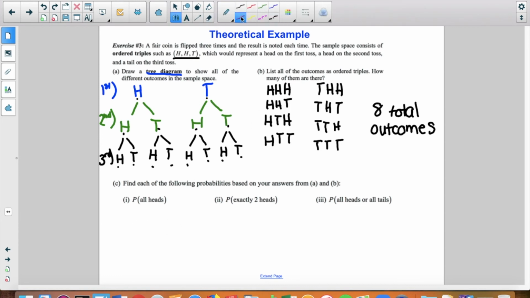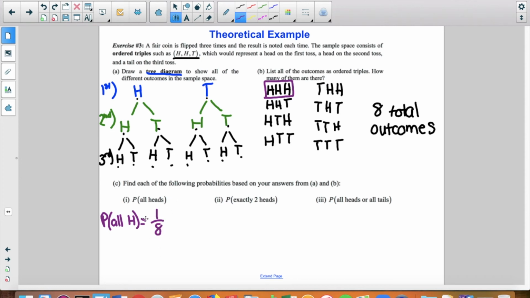So I'll do this one in purple. So the probability of all heads, we only have one of these that has all heads. So only one out of our 8 total outcomes will give us all heads.